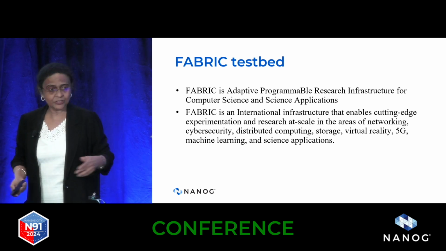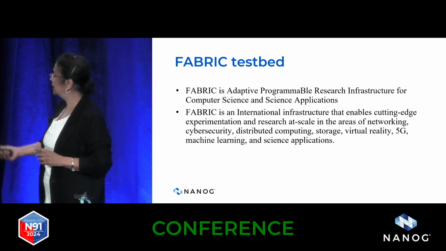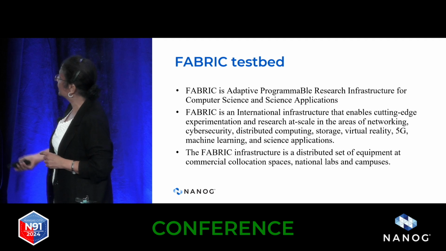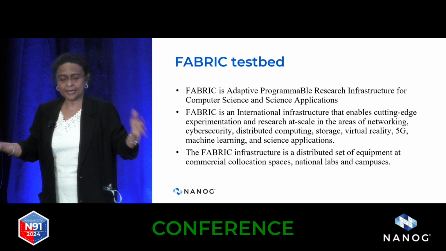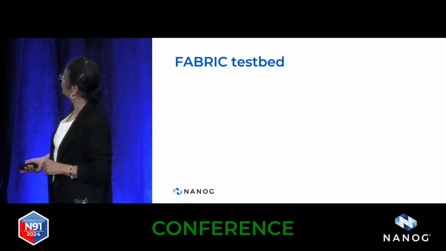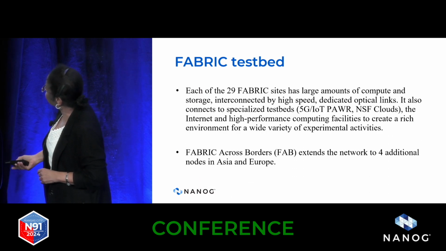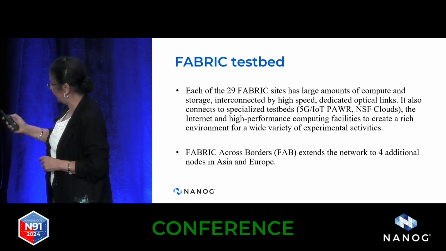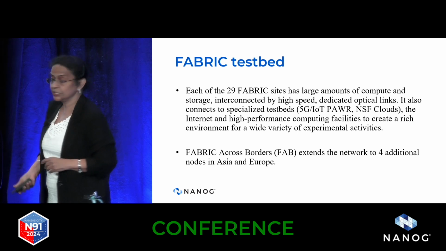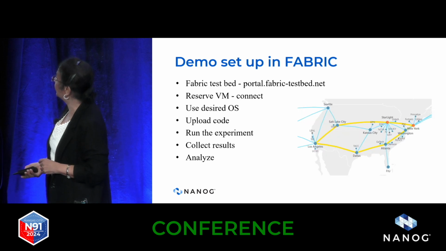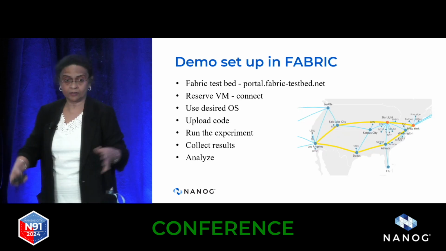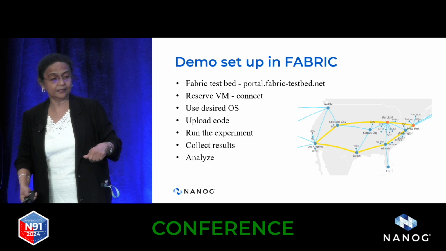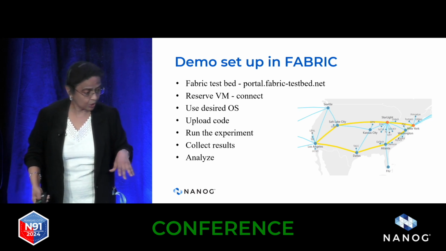It is an international infrastructure, deployed in multiple locations in the US, in the national labs, university campuses, etc. They have dedicated resources for this purpose, and those are the 29 Fabric sites. You can do different types of tests. It is funded by NSF and has been extended to Asia and Europe as well. And that is a map of the Fabric testbed locations in the US only.